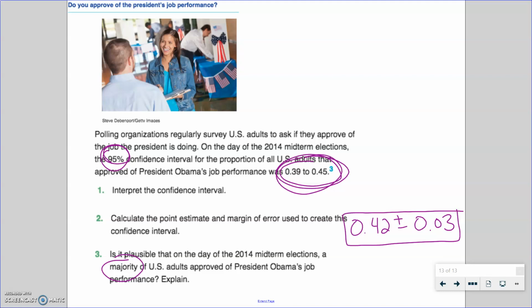It could have been that the majority approved of Obama's performance at that point in time, but it's very unlikely. Basically, there's a 5% chance that it was a majority. And I've been hinting to you guys that 5% is the cutoff. Anything under 5% is so unlikely that it's not quite there. So is it plausible that the majority approved? I would say yes, but on such a small scale that it is extremely unlikely.